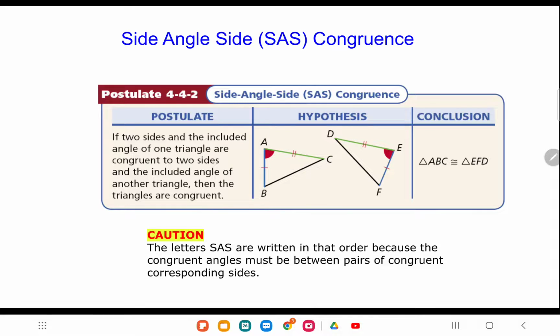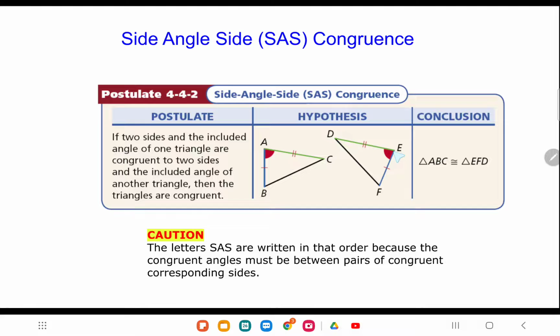This leads to another postulate, side, angle, side congruence. If 2 sides and the included angle of one triangle are congruent to 2 sides and the included angle of another triangle, then the triangles are congruent. So we see here that angles A and E are included angles. A is included between sides AB and AC.